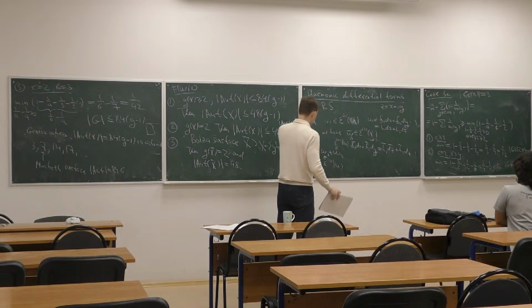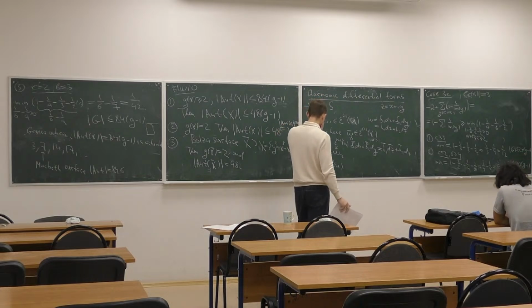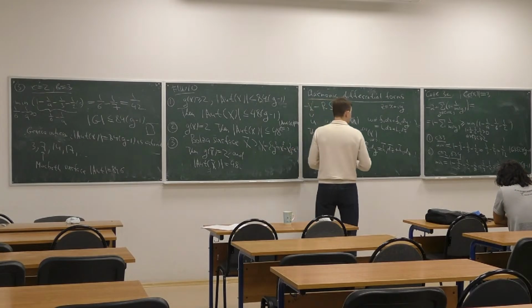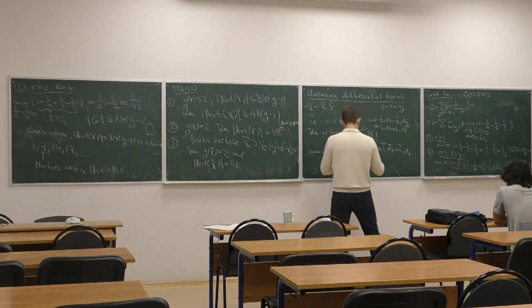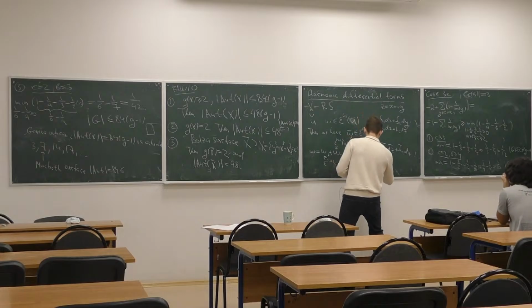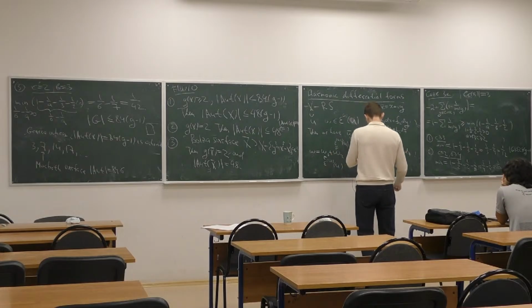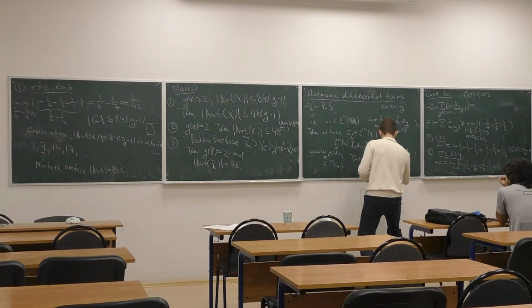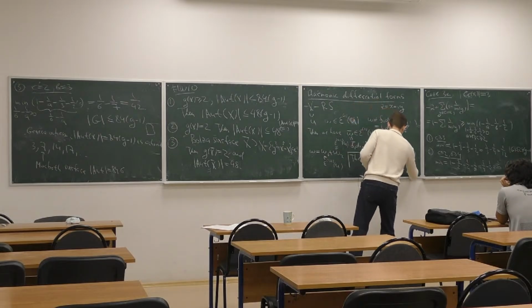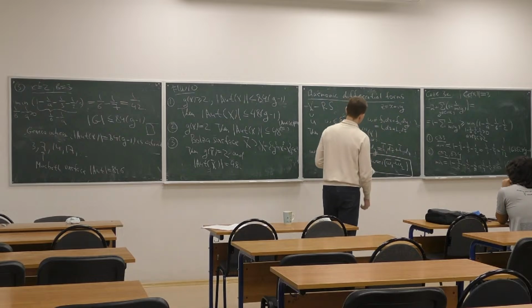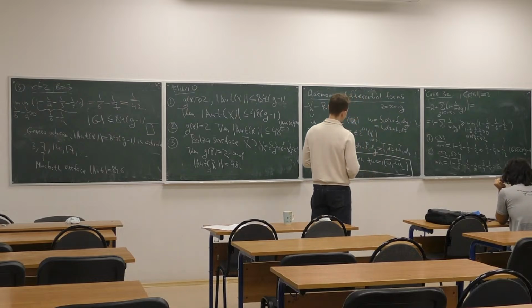So any smooth form can be written as a sum of a form of type (1,0) and a form of type (0,1). And then the main definition is: star omega is equal to minus i omega on forms of type (1,0), and i omega on forms of type (0,1). We have this star operation.